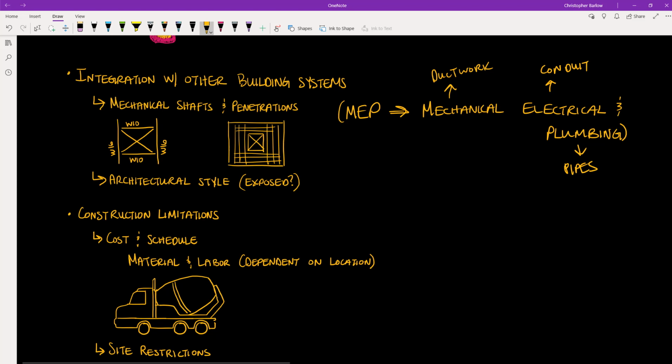And similarly, with a concrete slab, we need to pay attention to how we lay out the steel reinforcing in the slab around the penetration. Also, when selecting structural materials, we need to pay attention to the architectural style, especially if the structure is going to be exposed and fully integrated with the aesthetic of the building.